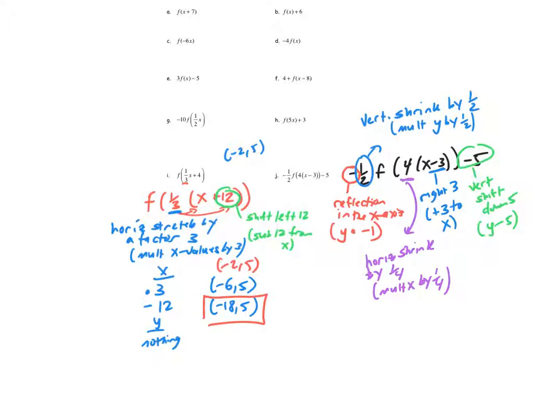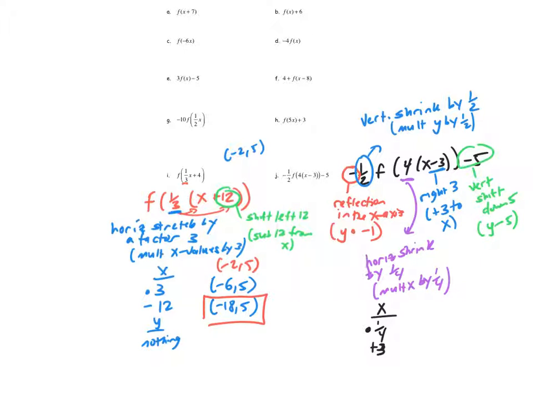Now I'm going to summarize in terms of x and y, and when I list these values, I'm going to list things that are stretches, shrinks, and reflections first because they're multiplication, and then translations last, separately for x and y. So in terms of x, what are we doing? We're going to multiply by 1/4, and then we're going to add 3.